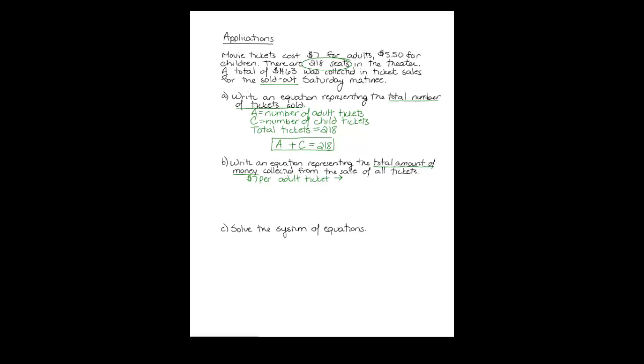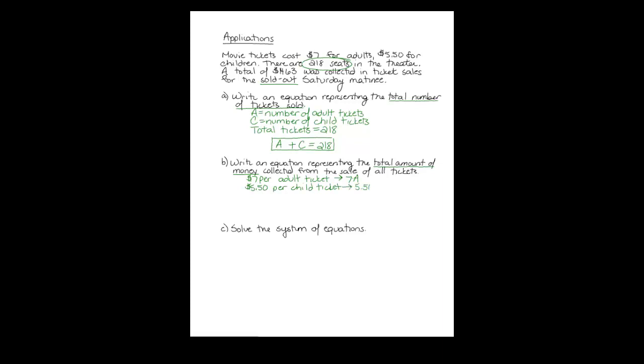Using the variables we defined in Part A, that's going to be $7 per adult ticket, or 7 times A. $5.50 for children, so $5.50 per child ticket.